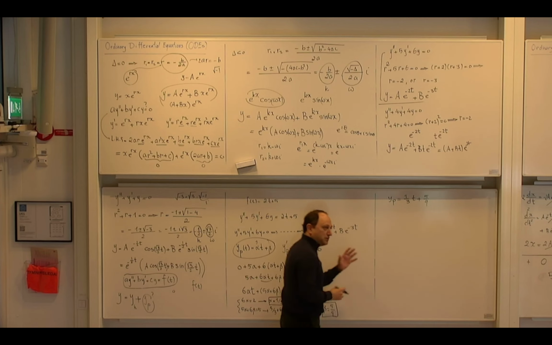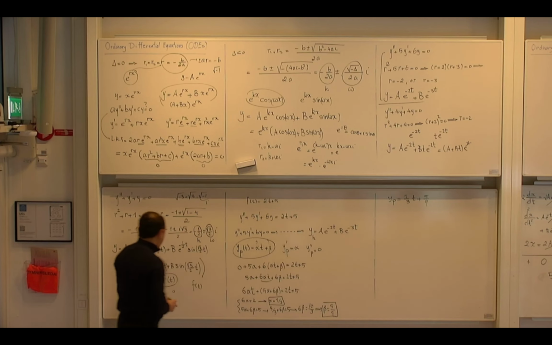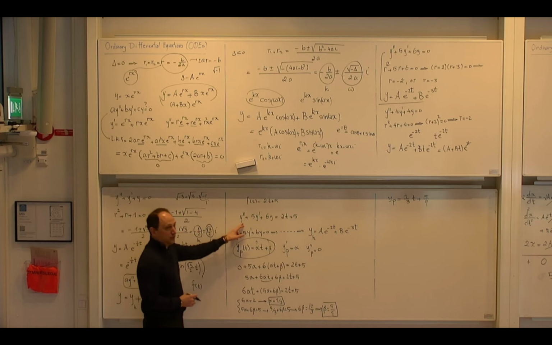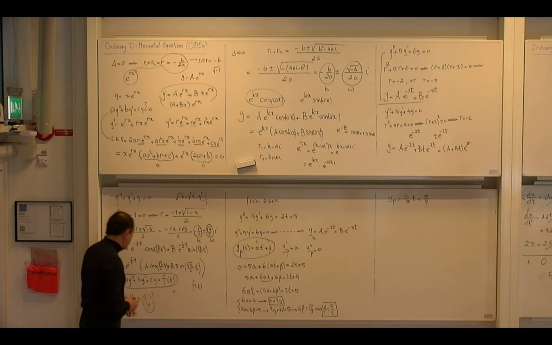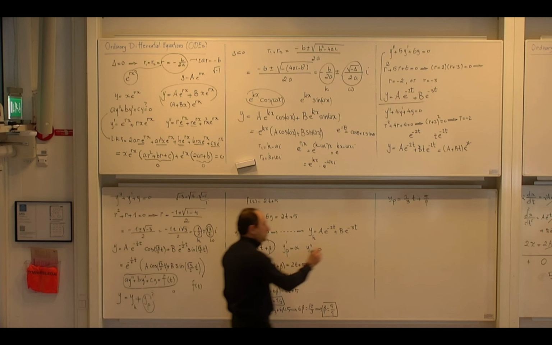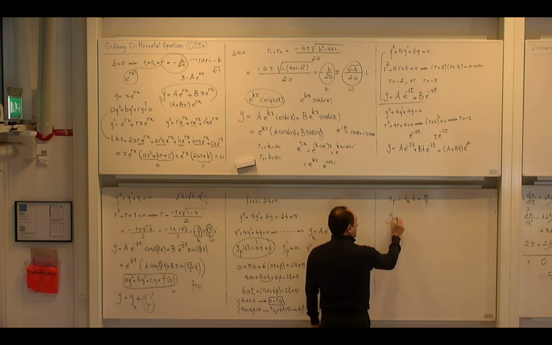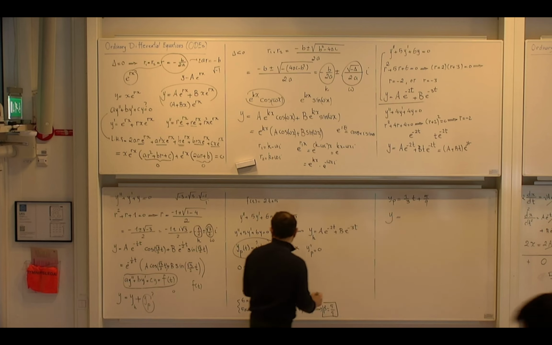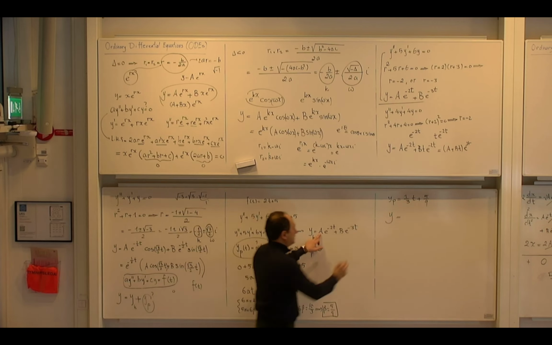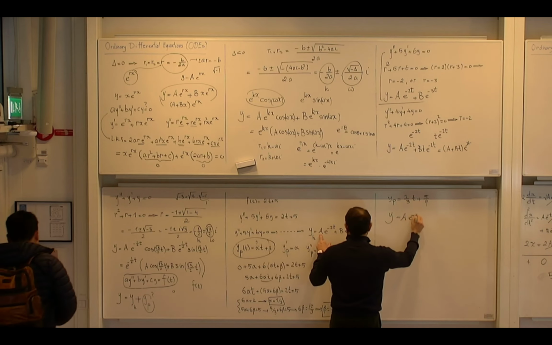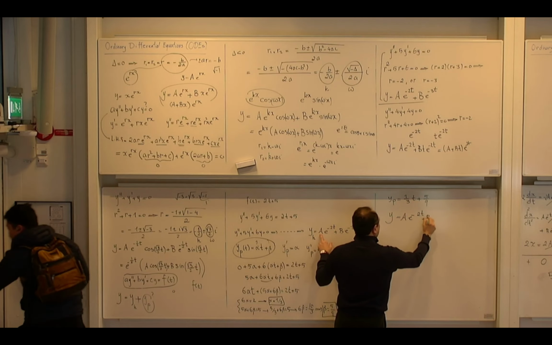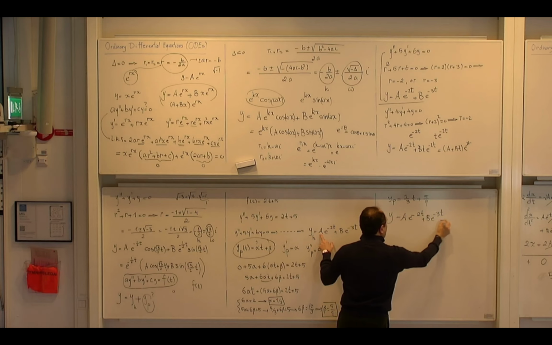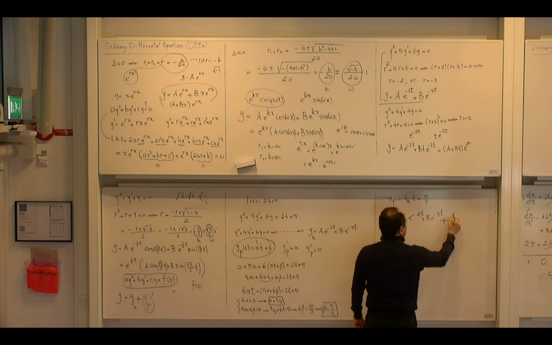But the bottom line is that I need to write the general solution of my differential equation. So I need to use this theorem. What you need to write at the end is that y is equal to y_h, which is this one, A e to the power minus 2t plus B e to the power minus 3t, plus the particular solution that you found.